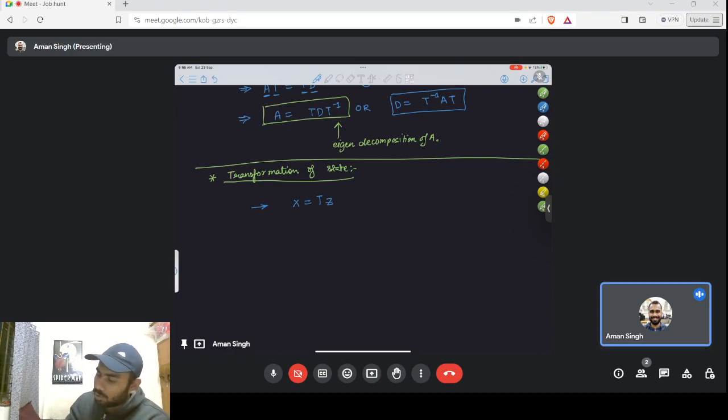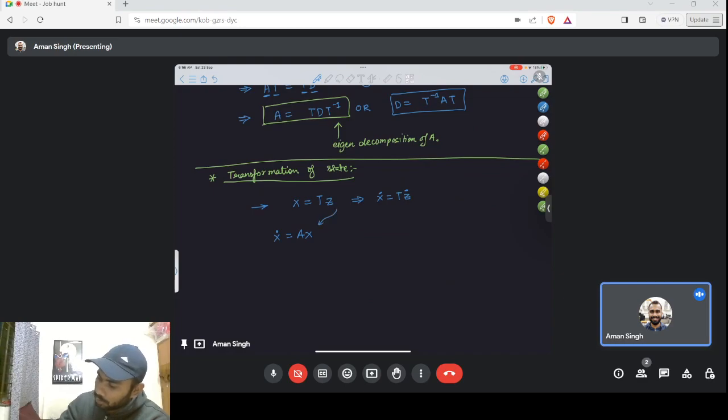So let's say x is equal to Tz, and put it in our dynamic equation x dot is equal to Ax. Before continuing, this also means that x dot is equal to T z dot.